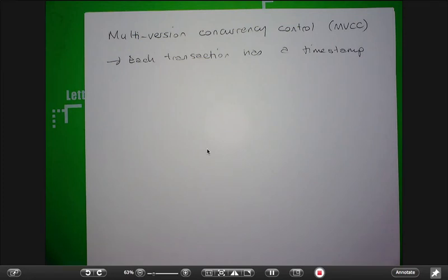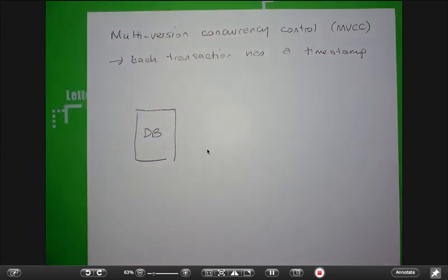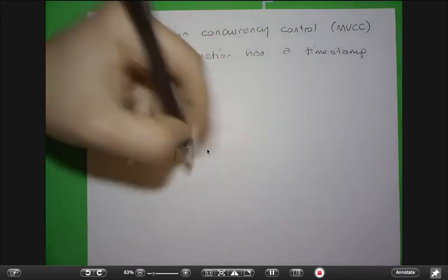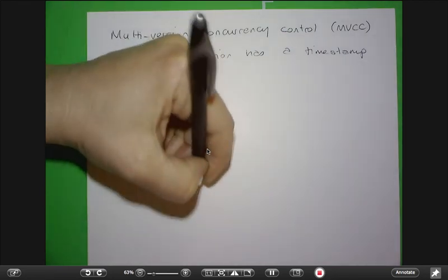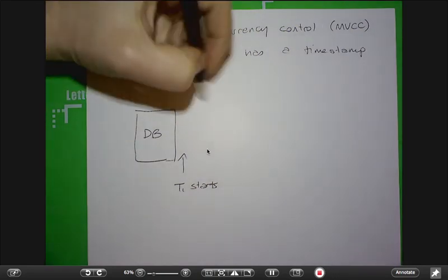So the idea is, let's say this is the database. As soon as your transaction starts, so T1 starts here, you create a copy of this. Not actually, but let's say you do.